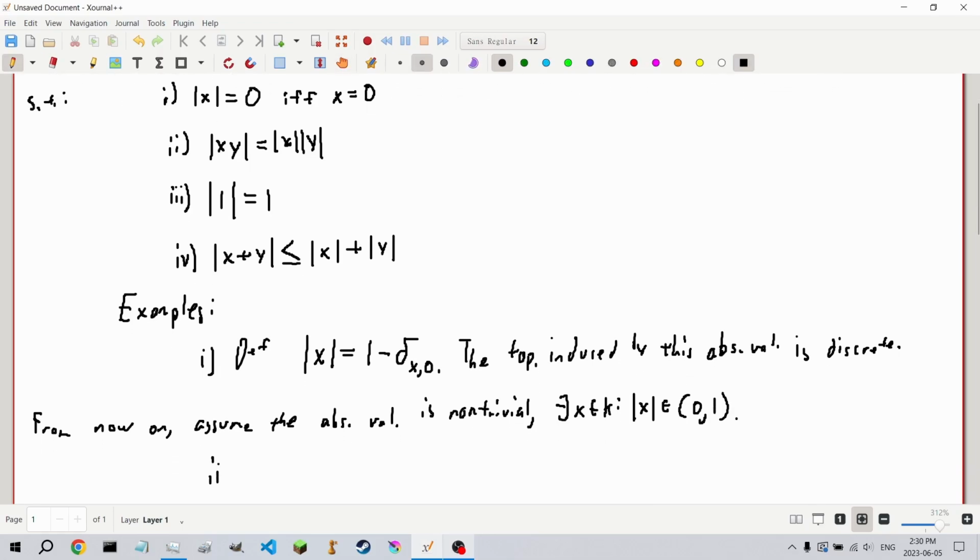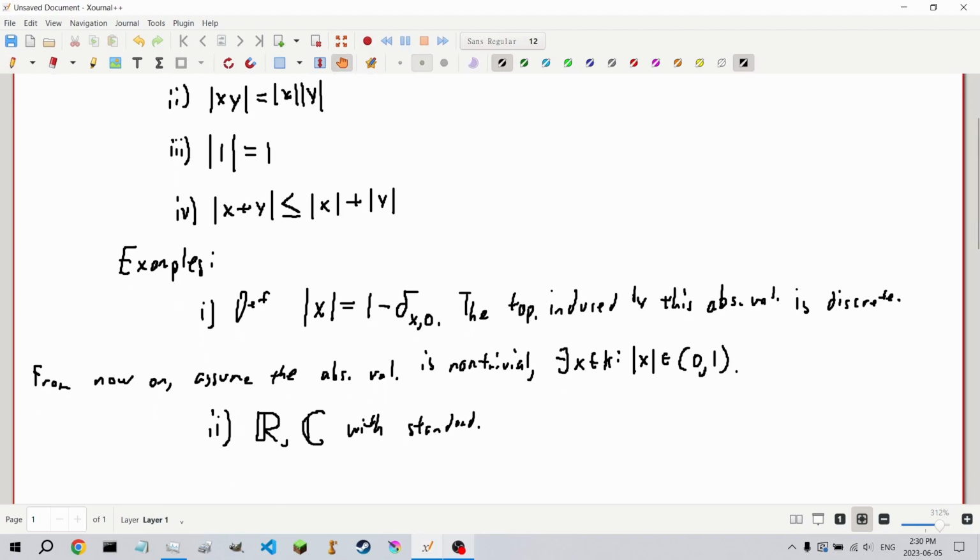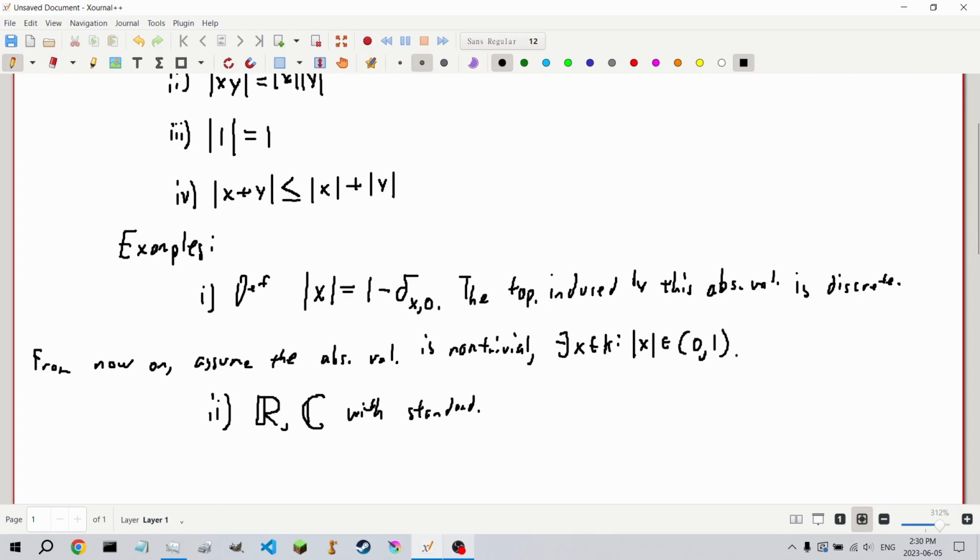Our second example of an absolute value is the reals and the complex numbers with the standard absolute value. The third one isn't actually an example, I guess I'll write it as an example.